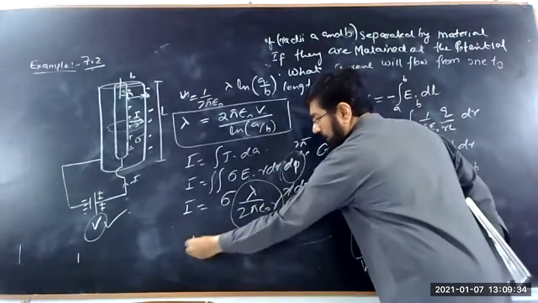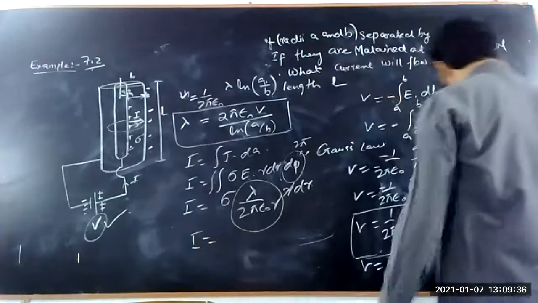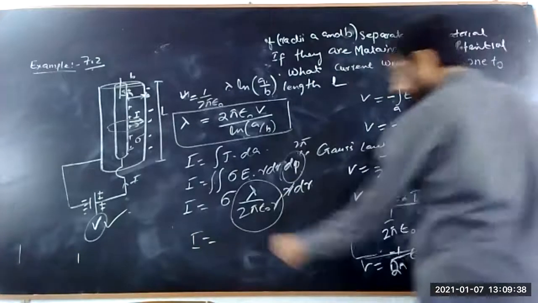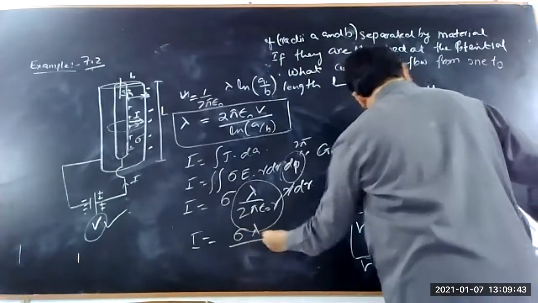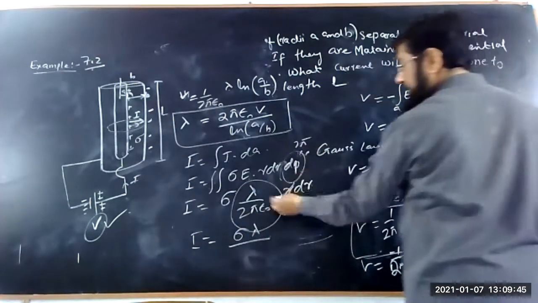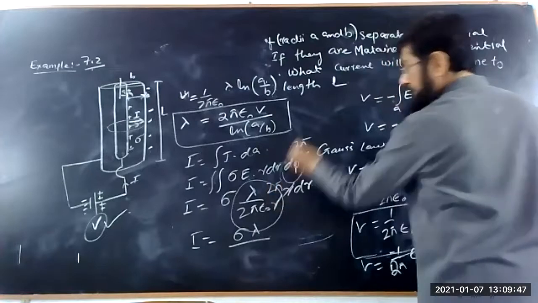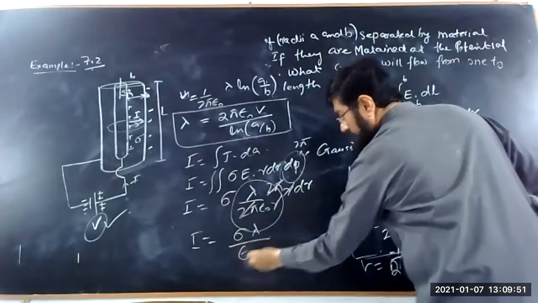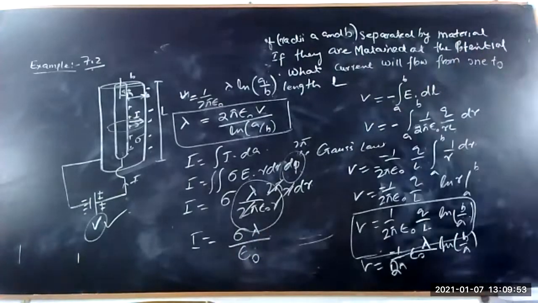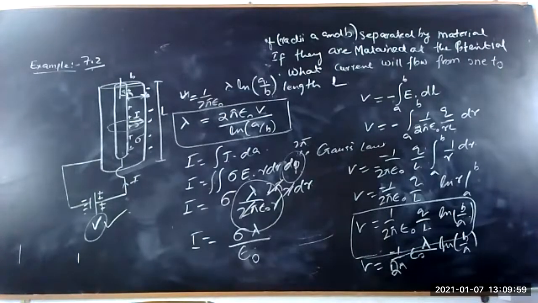So the current I is equal to sigma lambda upon 2 pi, and 2 pi cancels because here we have again the term 2 pi, the integral of d phi is equal to 2 pi. So this is the current, which is equal to sigma lambda upon epsilon naught.